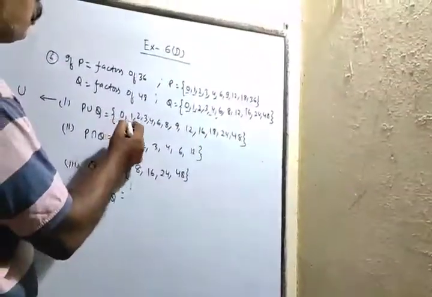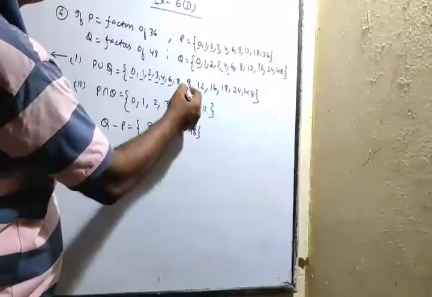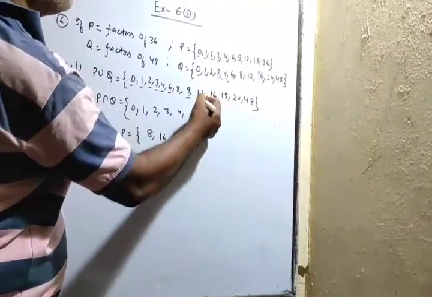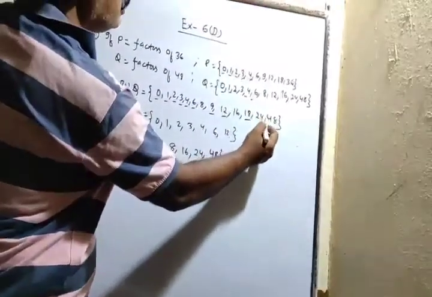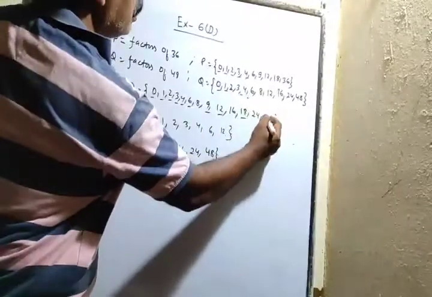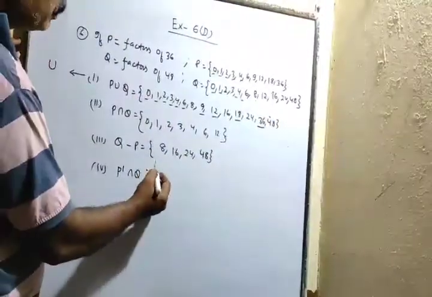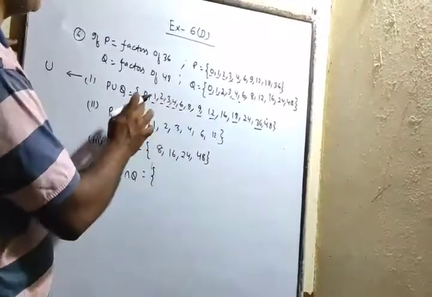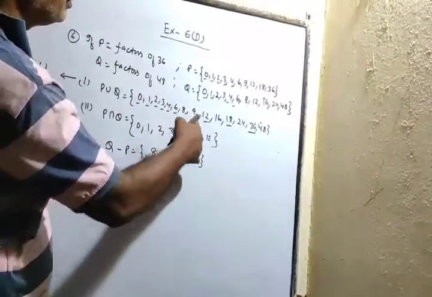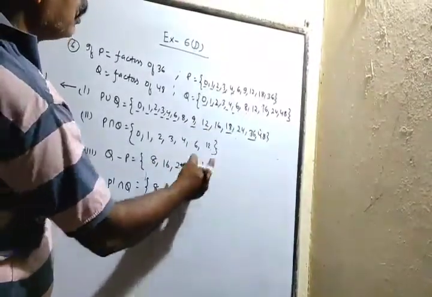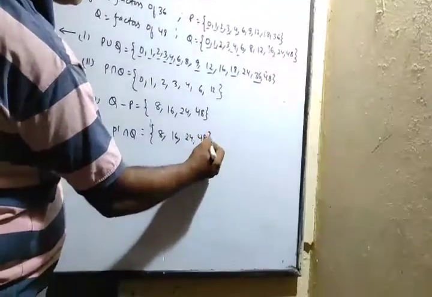Rest of the members will be elements of P dash. So it will be 8, then 16, then 24 and then 48.